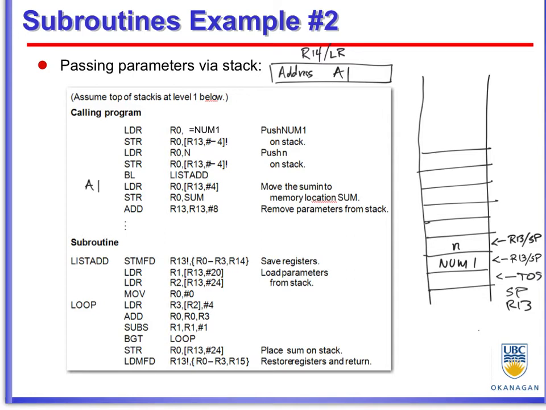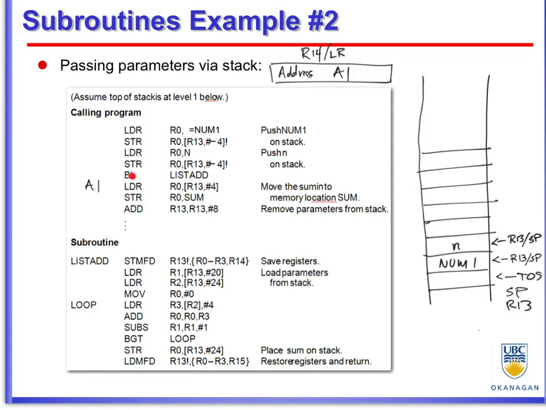And what also happens with the branch instruction is the address of the first instruction in our subroutine, which is the address list add, would be placed in the program counter, which is R15. And the program counter is a register that tells the processor, where's the next instruction that I'm supposed to execute?